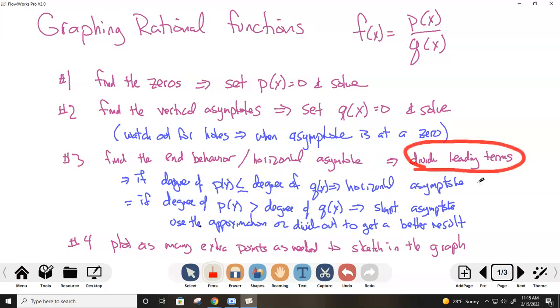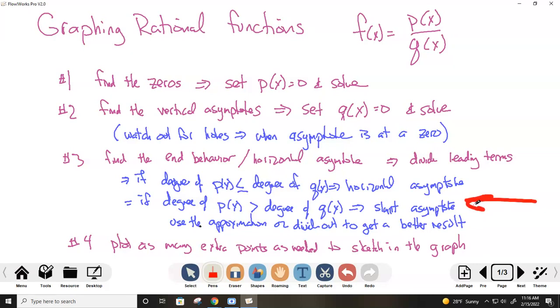If it simplifies just down to a number, it's going to settle down to some value and have a horizontal asymptote. That's going to be if the degree of the numerator is less than or equal to the degree of the denominator. If the degree of the numerator is greater than the denominator, then you're going to get one of these slant asymptotes, or worse.